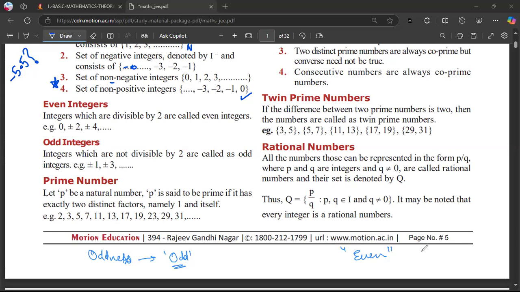So if there are 8 bananas, there are pairs of two. How many pairs are there? 4 pairs of bananas. But if there are 9 bananas, which is an odd number, how many pairs are there? 4 pairs and one banana, which is the oddness, right?